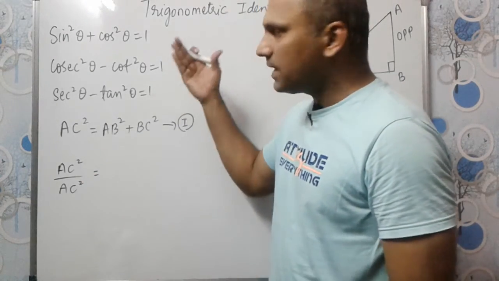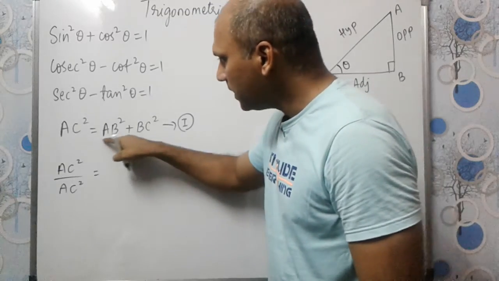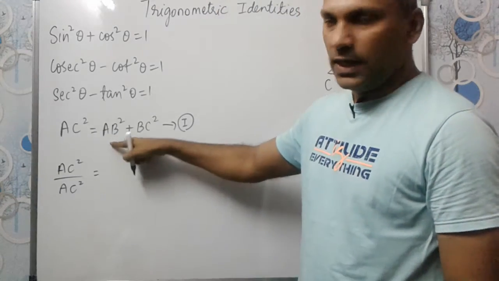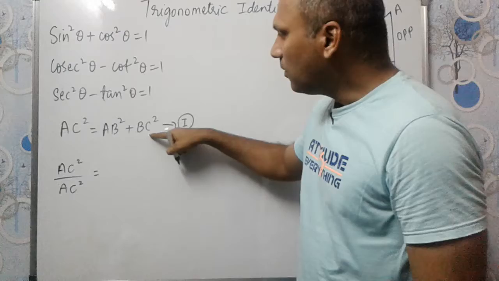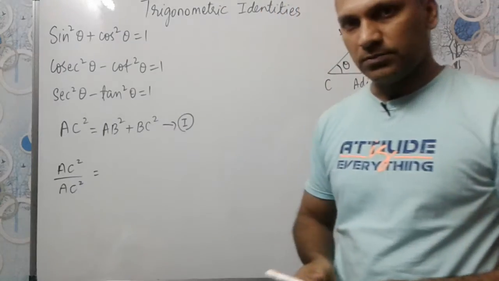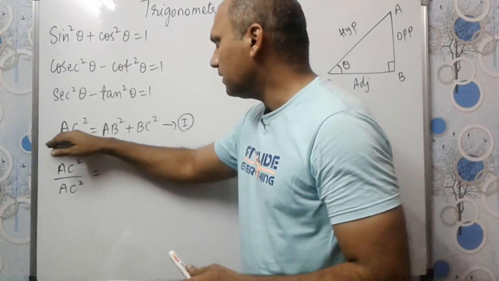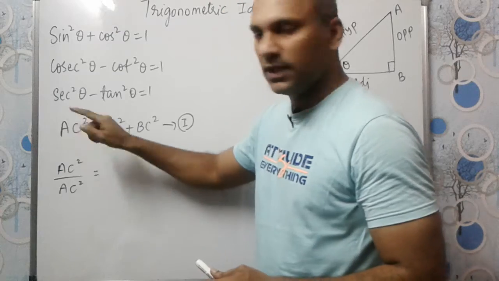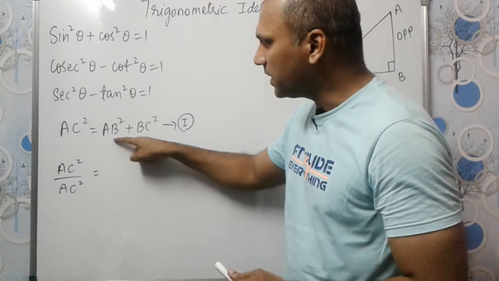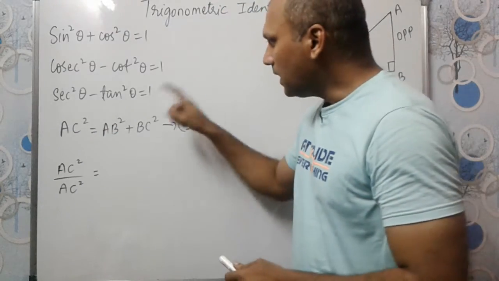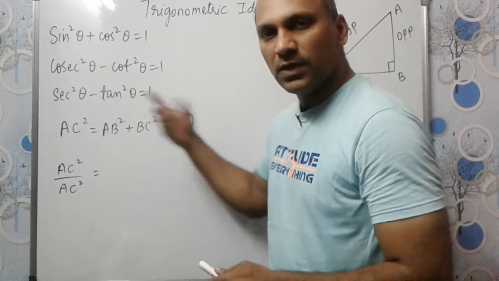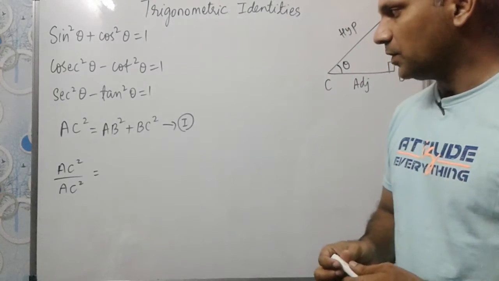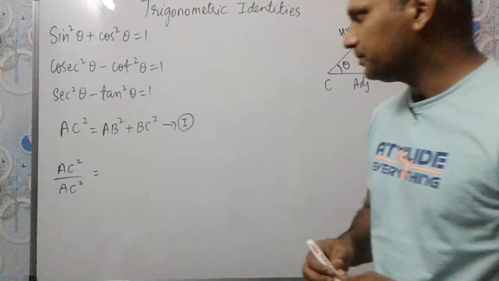To derive the next identity, we'll divide both sides by AB square. And to derive the last identity, we'll divide both sides by BC square. If we divide by AC square, we'll get one identity; by AB square, one identity; and by BC square, the last identity. That will be our approach in this video.